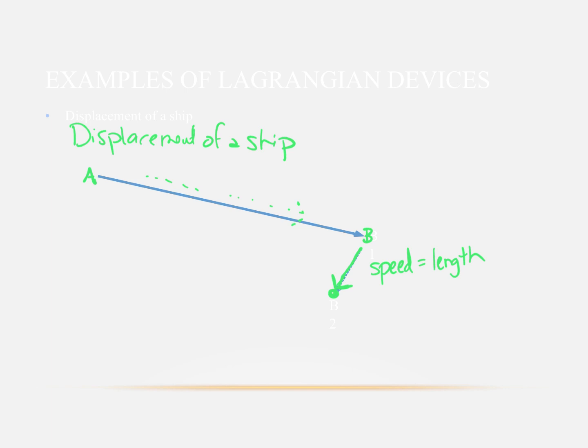And you can determine the direction by looking at this angle. So this gives us the direction and the speed of the current in this location.